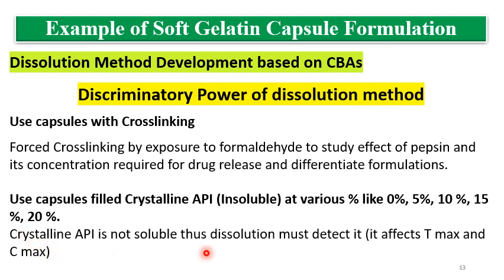Crystalline API is not soluble, thus dissolution must detect the presence of crystalline API. It affects Tmax and the Cmax. If there is a crystalline API, then it will not get dissolved in the GIT and also in the dissolution media, and that's why it should reflect in the dissolution release.